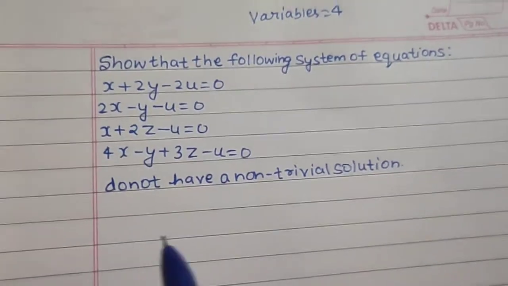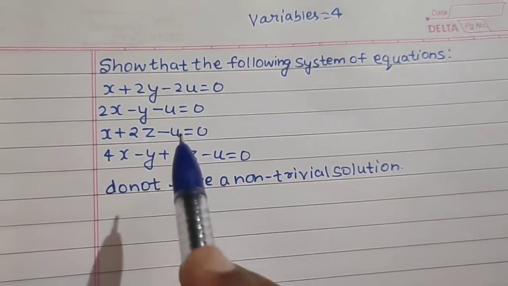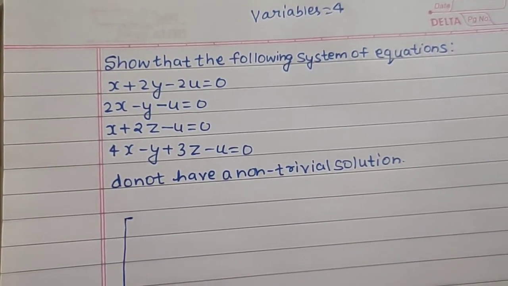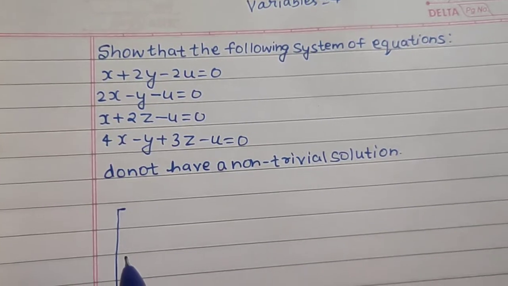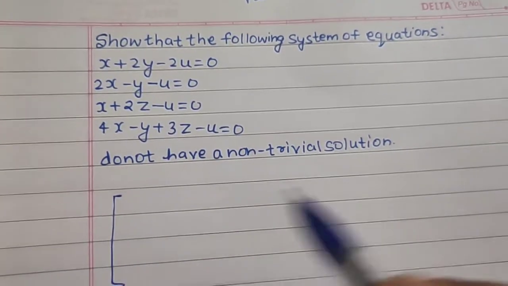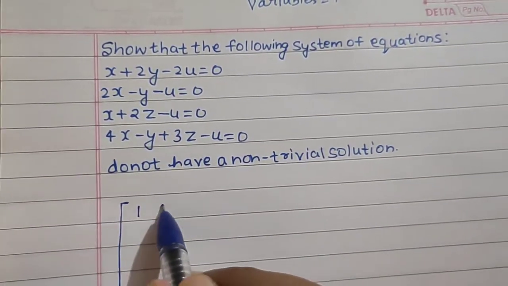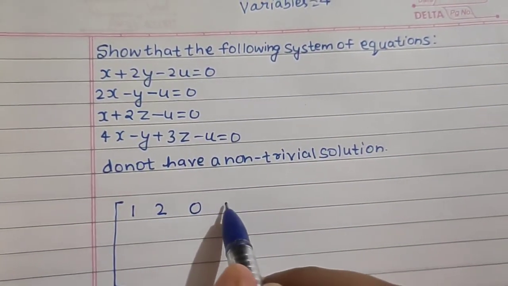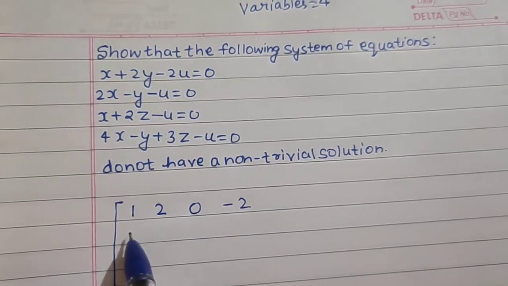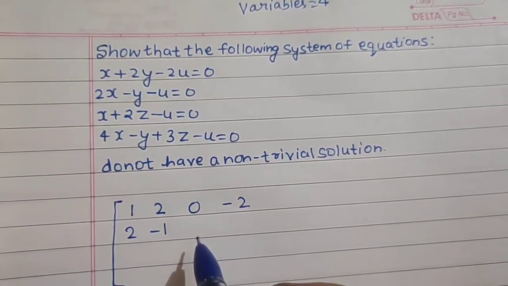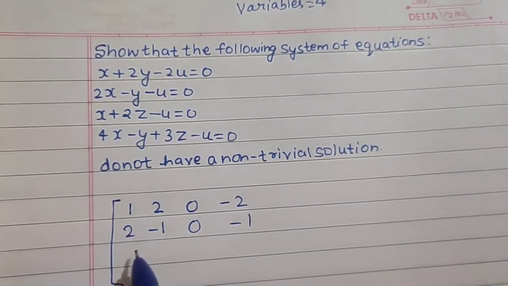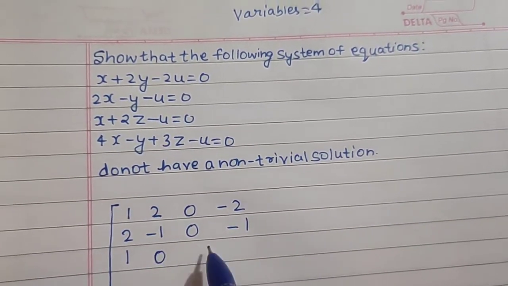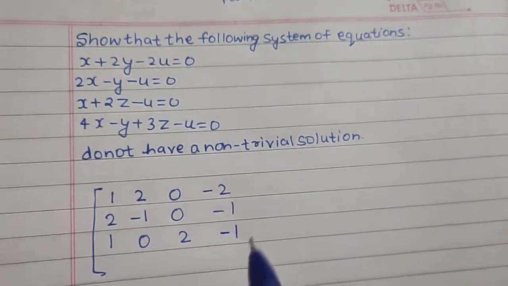So let's start. Now in this case we don't need to find the augmented matrix, we directly have to reduce the coefficient matrix to the echelon form to find the rank. So 1, 2, then we have z which is 0 and then we have -2, then we have 2, -1, again z is 0 and then we have -1. So we have 1, 0, 2, -1.